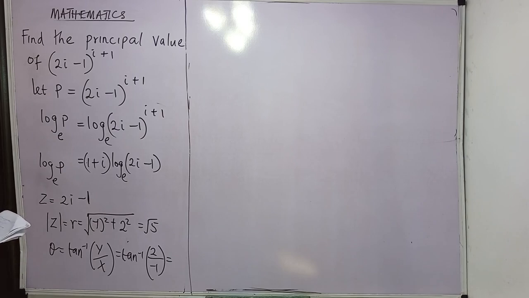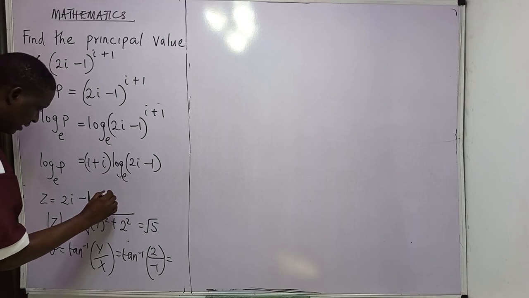Tan inverse of minus 2 gives us minus 63.434 degrees. Now, which quadrant is this in?